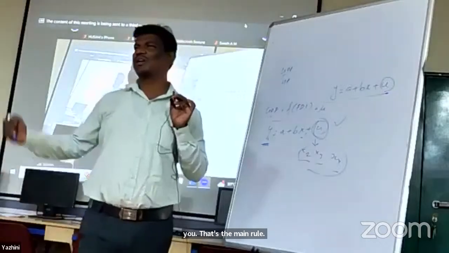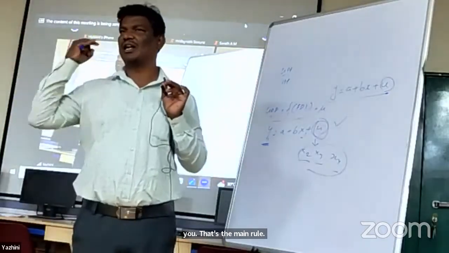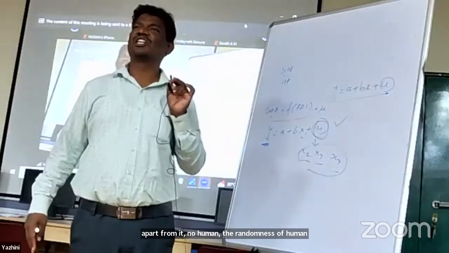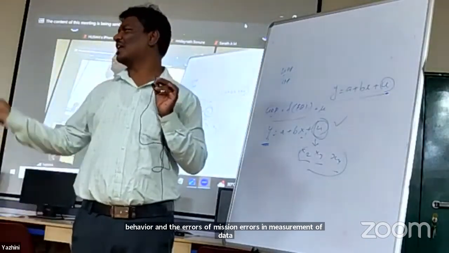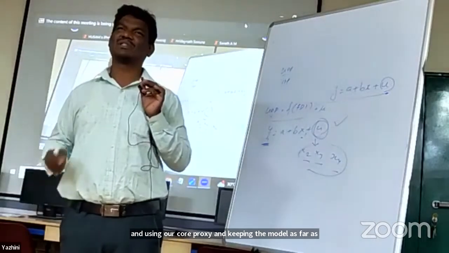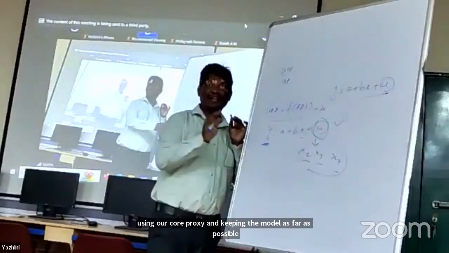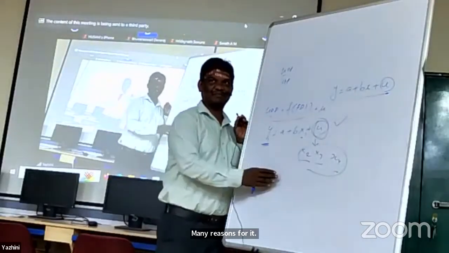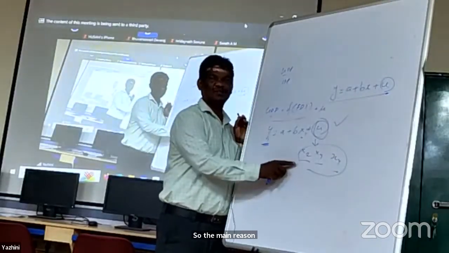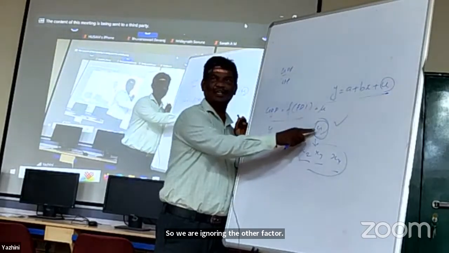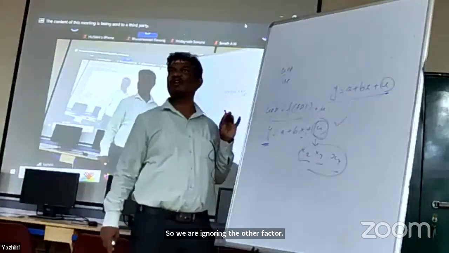Apart from it, there is the randomness of human behavior, errors in measurement of data, using a poor proxy, and keeping the model as parsimonious as possible. Many reasons for it. So we are ignoring the other factors, and that will be a part of your u.